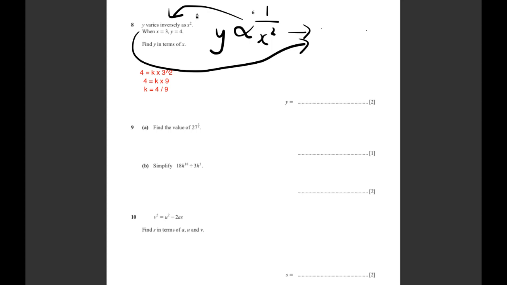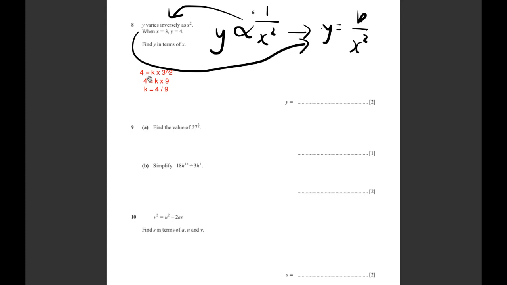Please watch my YouTube video on this as well. Therefore, it's a very similar procedure, but this time y equals k, so that constant still appears, but this time in the numerator, over x squared. Okay, so y equals k over x squared.